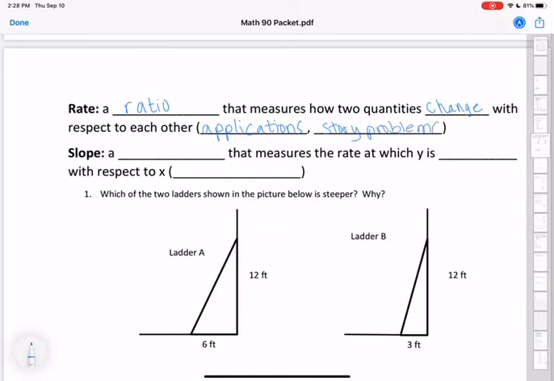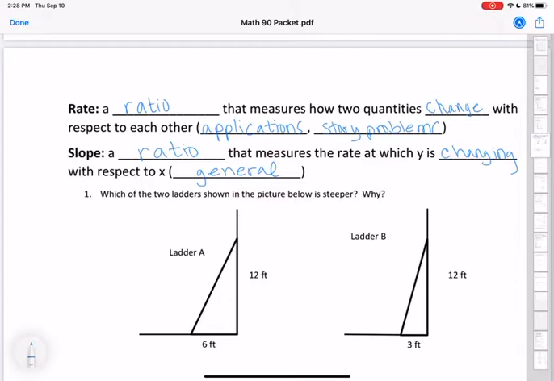Slope is the same. It's also a ratio, which just means fraction, that measures the rate at which y is changing with respect to x. So this is just in general. For example, if I were to just look at a graph and try to calculate the slope where it didn't have any meaning behind it, it didn't have a story problem, I would just say something like the slope is 5.